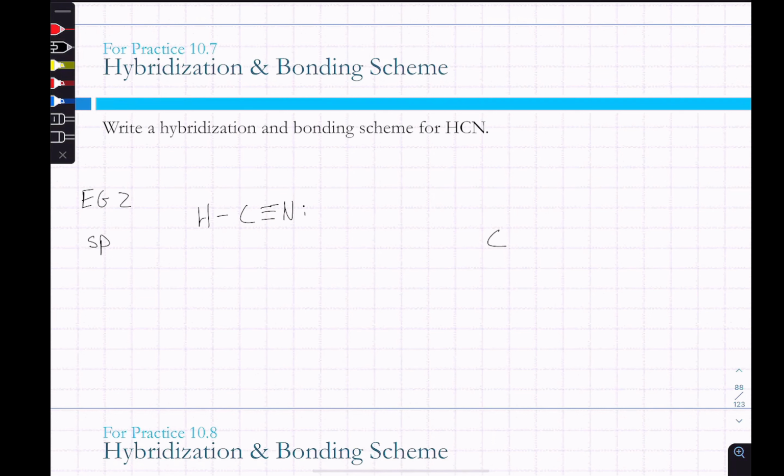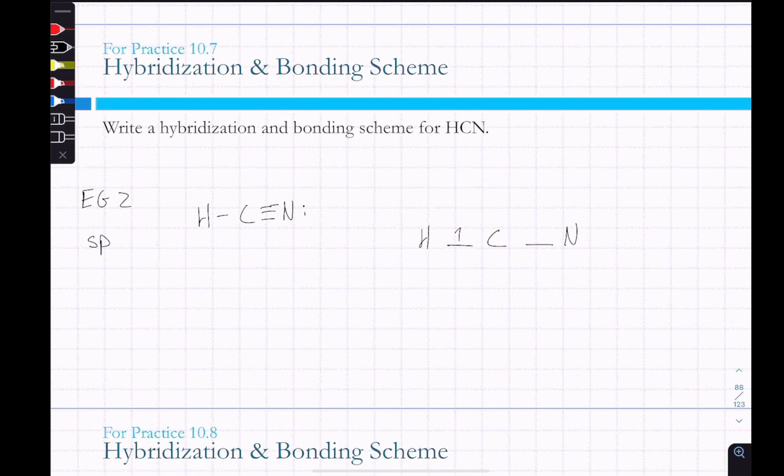So then for the flower diagram, it's 2 electron groups, which means it's sp. So each of the sigma bonds, oh, that's what I didn't label as the sigma bonds, but those are other ones for sigma bonds.